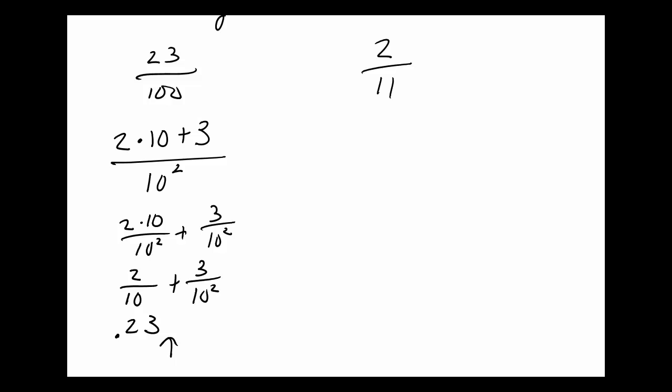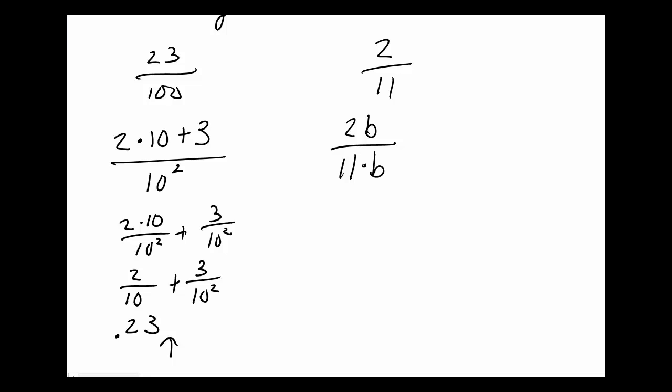Okay, so let's talk about 2/11ths then. How would we go about coming up with a decimal equivalent for this? Well, we're looking at powers of 10 in that denominator. So that means there's got to be some number out there that I can multiply 11 by to convert it to some power of 10.